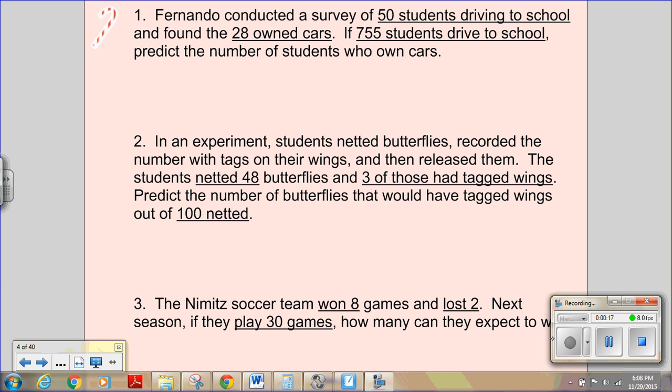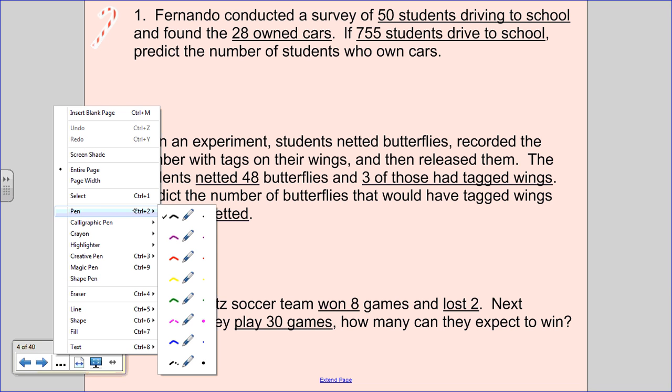The first problem. Fernando conducted a survey of 50 students driving to school and found that 28 owned cars. If 755 students drive to school, predict the number of students who own cars. These are proportion problems. So let's set up a proportion to represent the scenario.